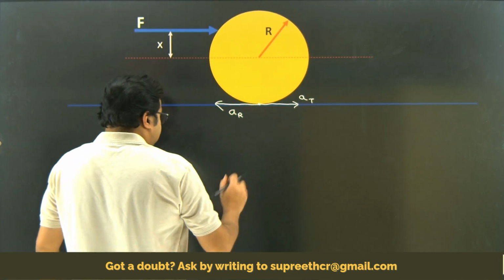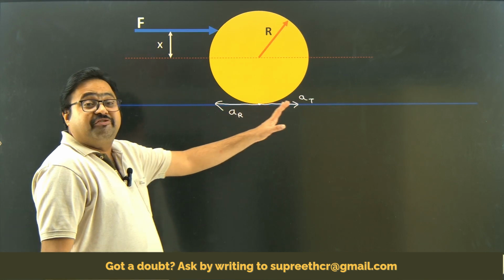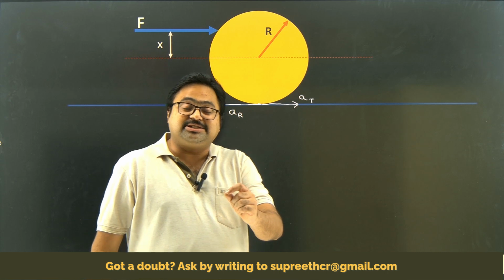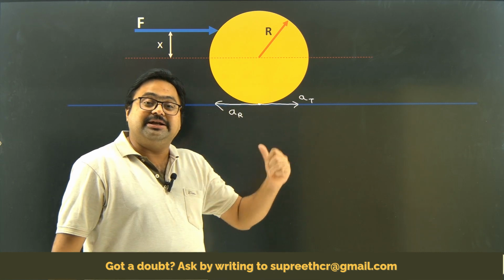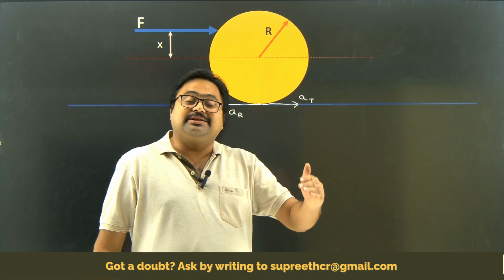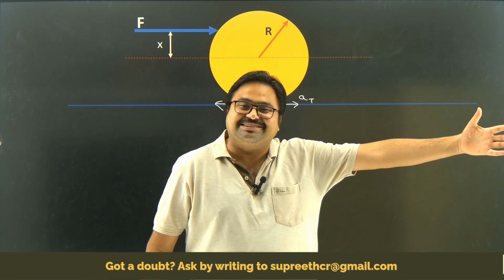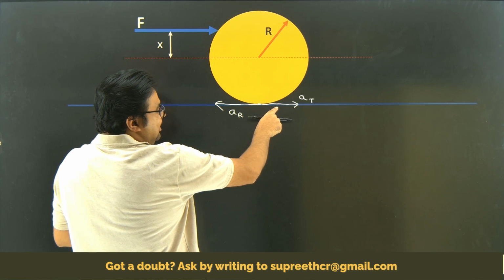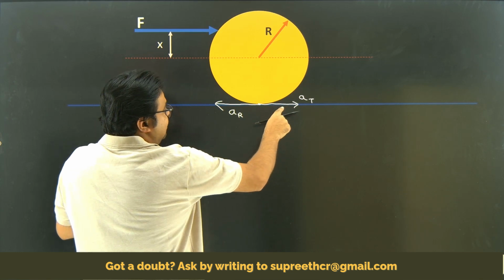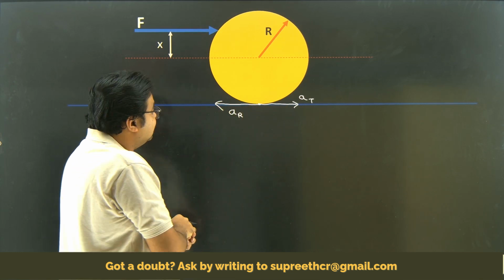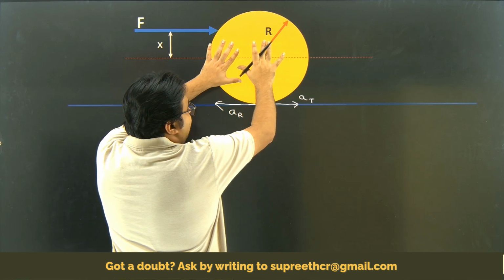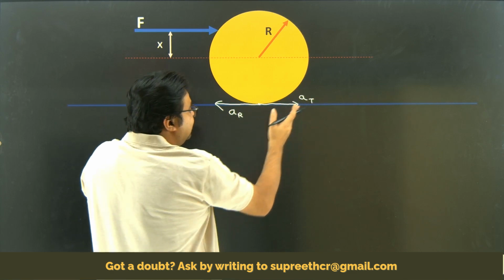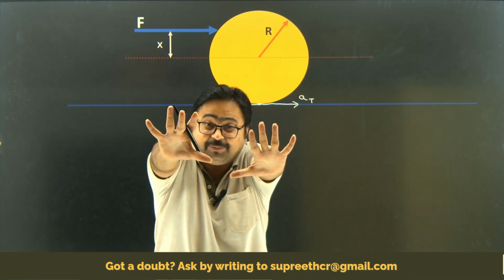Now, depending on which of these two accelerations is greater, the tendency of that point in contact would be in the direction of the greater acceleration. So if acceleration due to translational motion is greater than the acceleration due to rotational motion, then this point has a tendency to move in the forward direction, but the friction has to stop it.